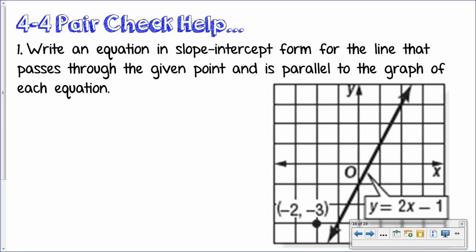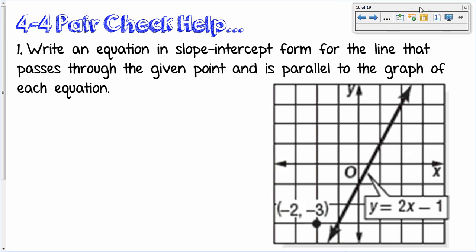Is that the same one on your pair check? Or is it different? Okay, so it wants you to write an equation in what form? So, wait, tell me what that is. Okay, that's the given point. What's the given point?